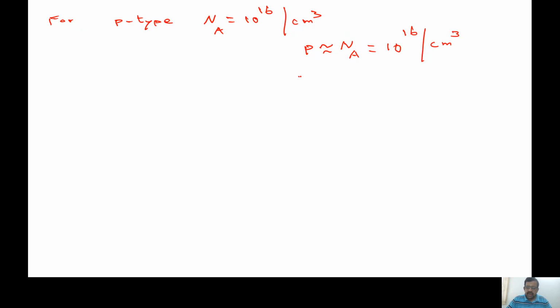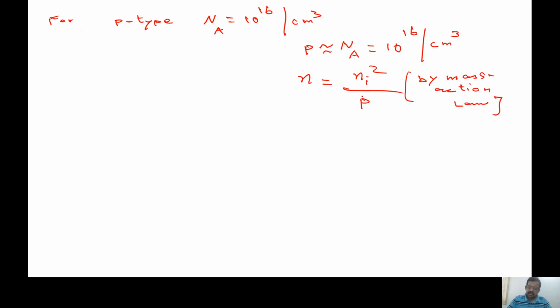And n, the concentration of electrons per unit volume, is obtained as n equal to ni square by p. This is the mass action law of charge carriers.